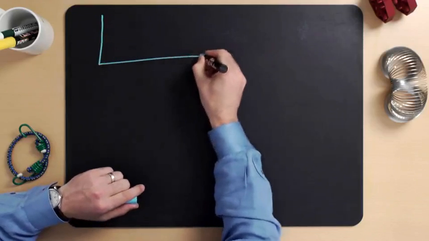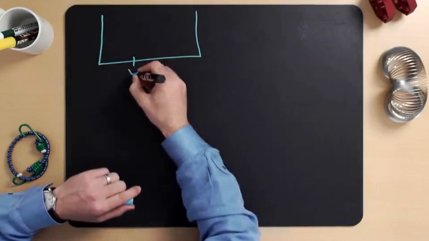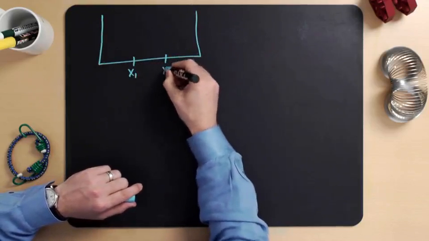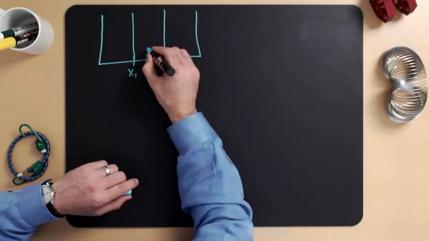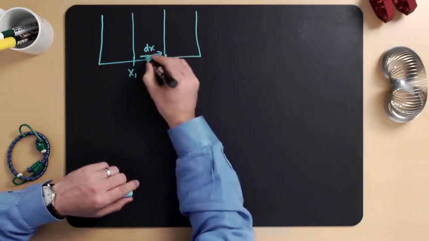Today we are going to develop a way of modeling time-varying diffusion. To make the development as simple as possible, we are going to assume that there is no accumulation, but that the concentration is allowed to change in time. Let's look at our example of a tank with fluid and some chemical in the tank. So again, we have a tank. We have x1 and x2. x1 and x2 are separated by dx.